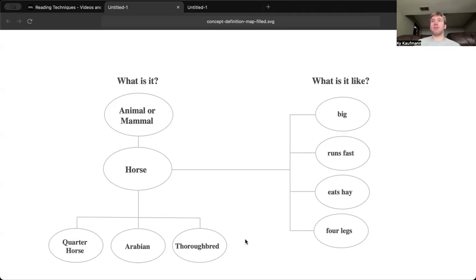But say it's a different word. I can't come up with one, but like a rock, or a type of rock, like sedimentary rock. This is really useful in a science classroom. Okay, what is a sedimentary rock? Well, it's a type of rock. What's it like?